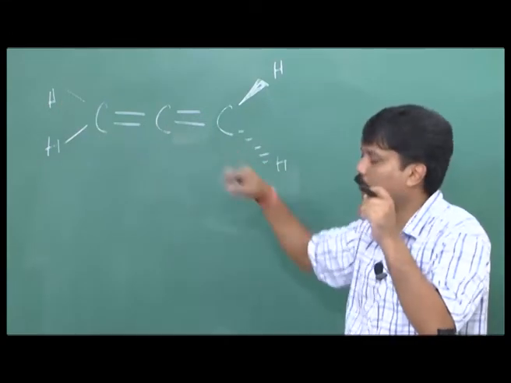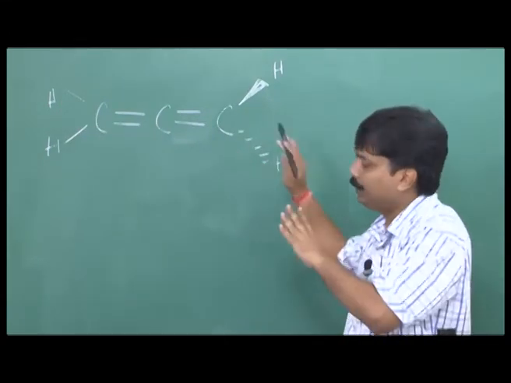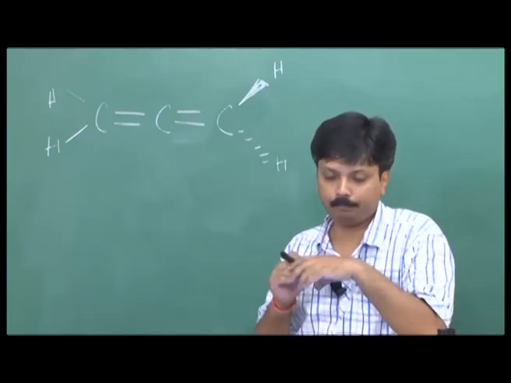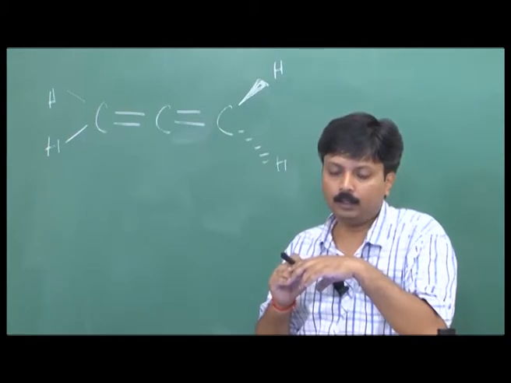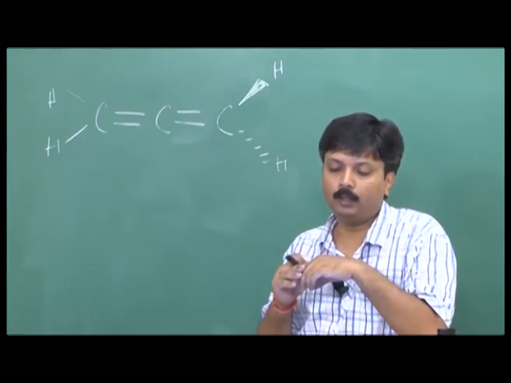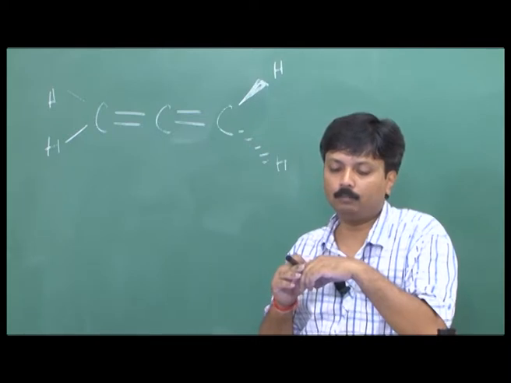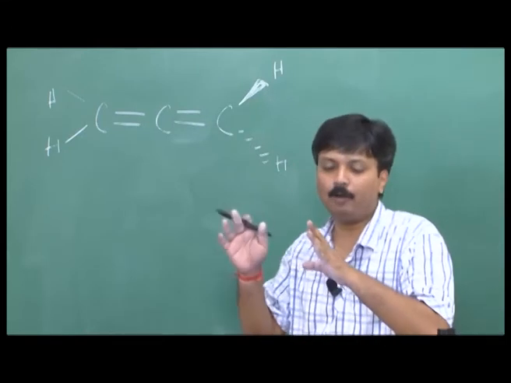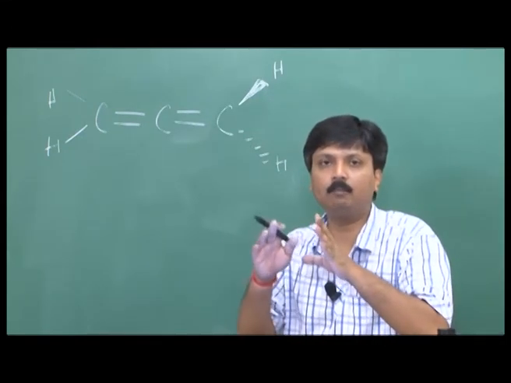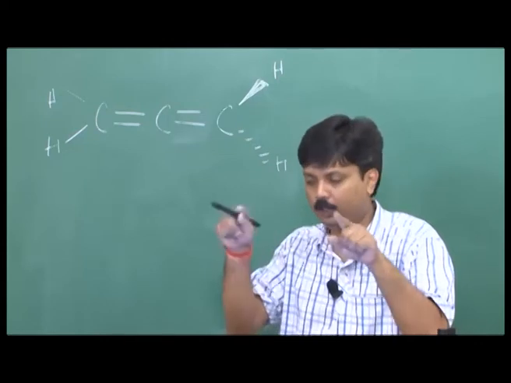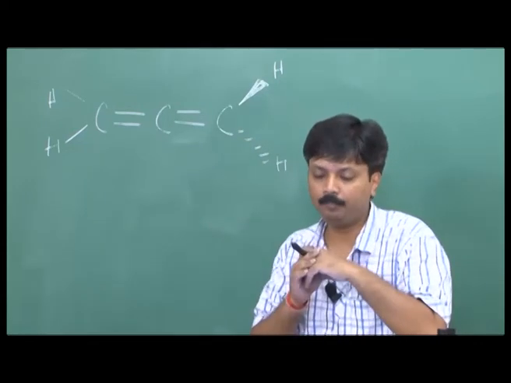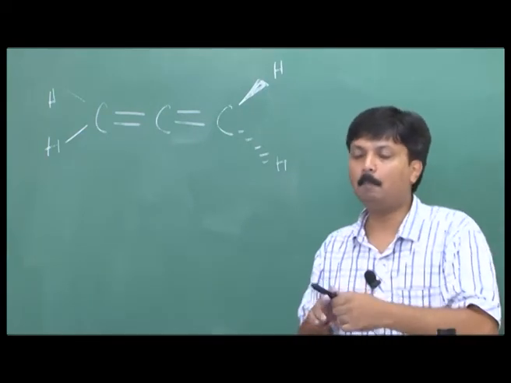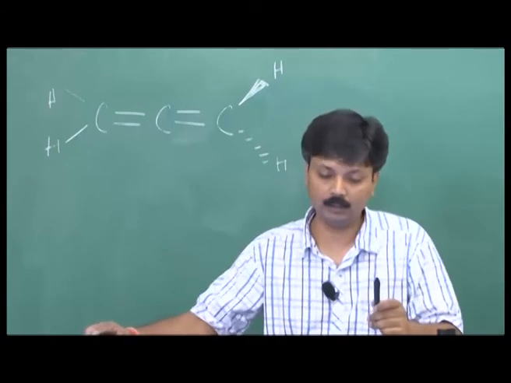So this structure can be presented in terms of a parallelepiped, and these hydrogens will occupy the opposite corners of this parallelepiped, pretty much the same way as any tetrahedral molecule, if you want to show it in a cube. Now you can see the symmetry operations with much more ease.